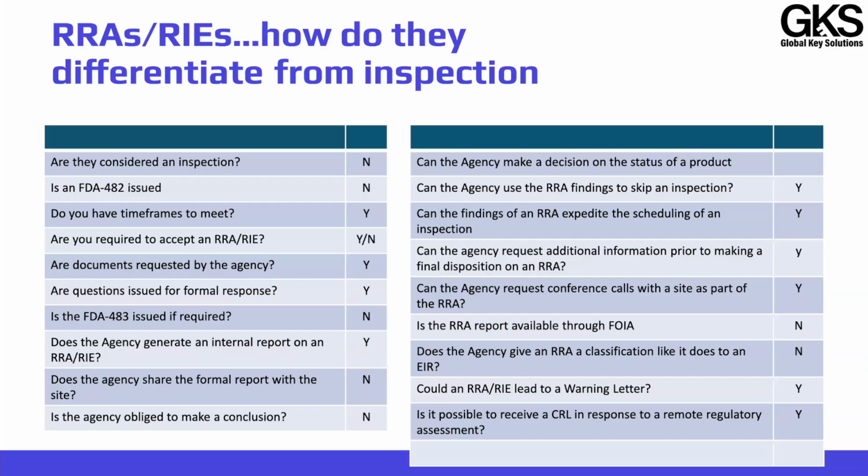And it also talks about how these assessments are classified. So you'll see RNAI, RVAI, ROAI, the R standing for remote. So is it an inspection? No, but the classifications look pretty much similar, except that they added the R.